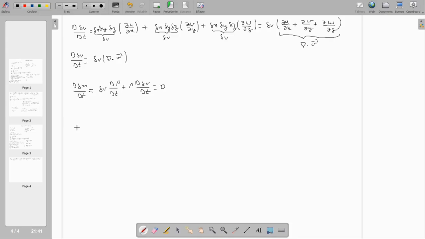So we replace the material derivative of the density by its expression: delta v times partial rho over partial t plus v dot nabla rho, plus rho times the divergence of the velocity.